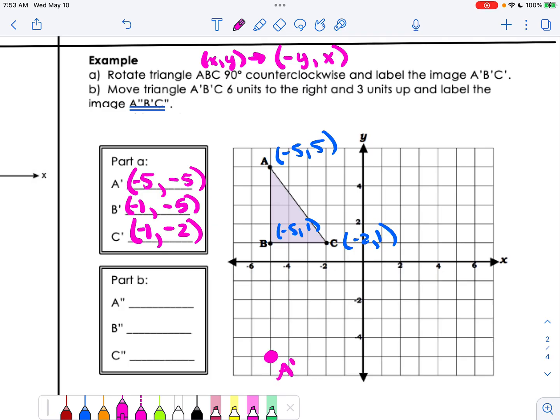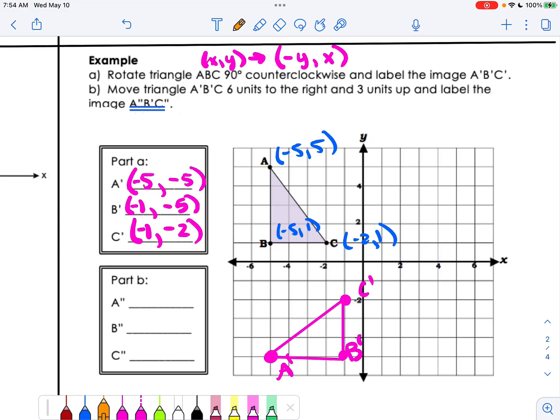B is at (-1, -5), and C is at (-1, -2). And let's connect those dots. There we go.